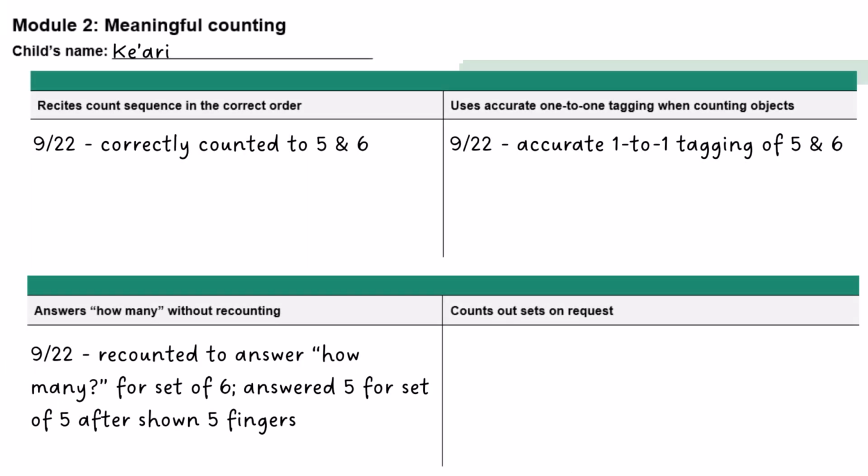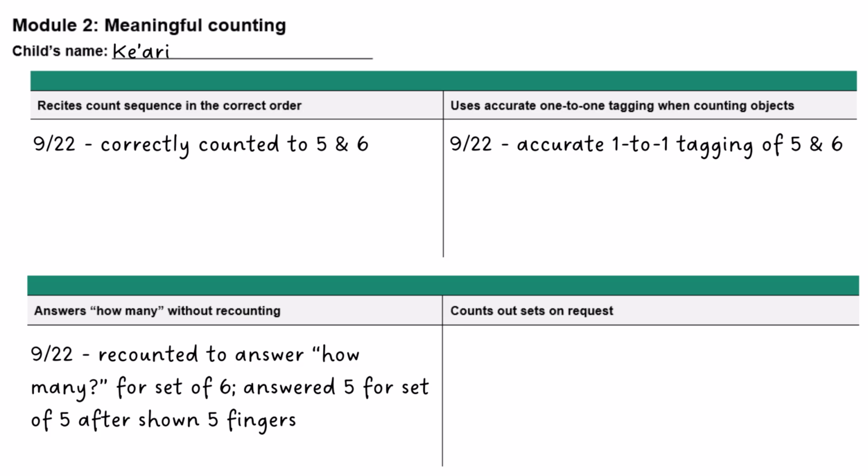Kiari was unable to demonstrate understanding of the cardinality principle, that the last count word spoken tells how many there are in total. For example, when asked how many hexagons were on the tray after she counted them with her teacher, Kiari counted them again instead of saying 6. Kiari correctly answered how many for a set of 5, but only after her teacher held up 5 fingers.